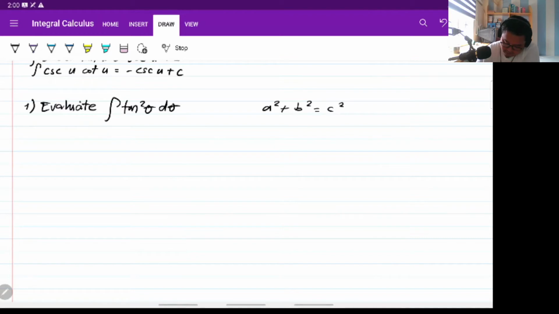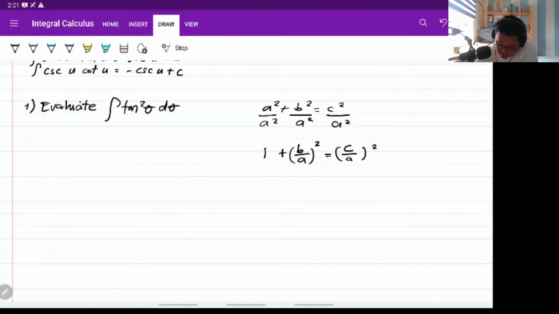Okay, and if I wish to divide this by a squared, this becomes 1 plus b over a squared equals c over a squared.